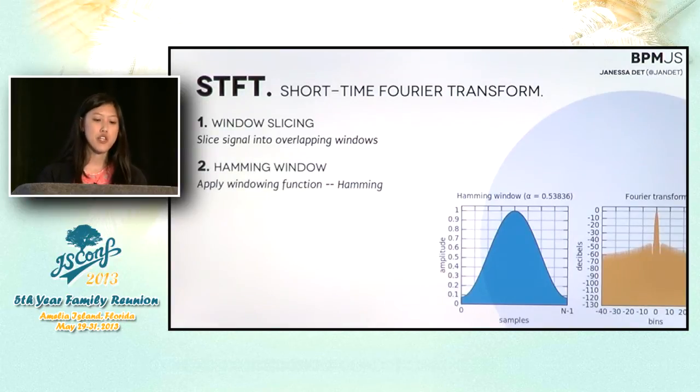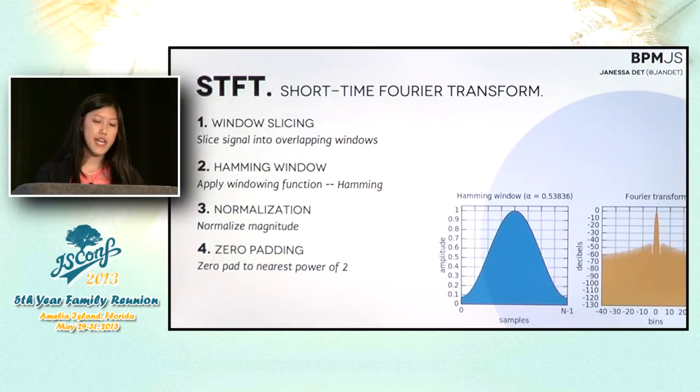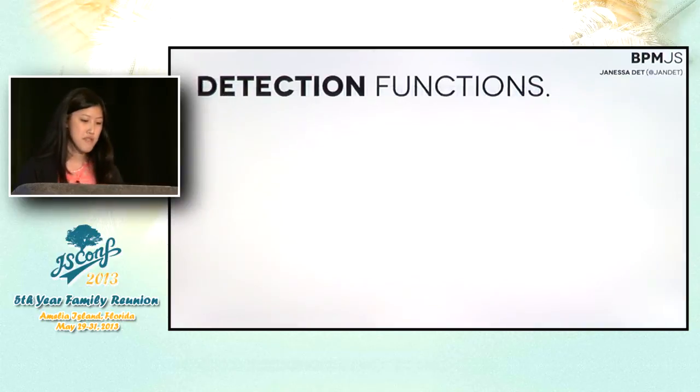Then you apply a Hamming window to trim off the edges of bad stuff, basically discontinuities, and normalization, normalizing the magnitude, and zero padding because it needs to be a power of 2 to do an FFT on it, and it clarifies the signal. You can get into that if you want on your own. And then finally, you do your FFT and get a bunch of complex numbers in a matrix.